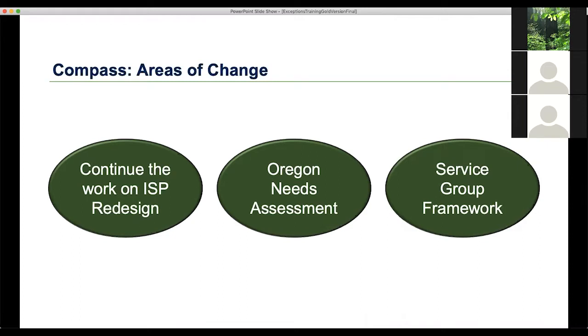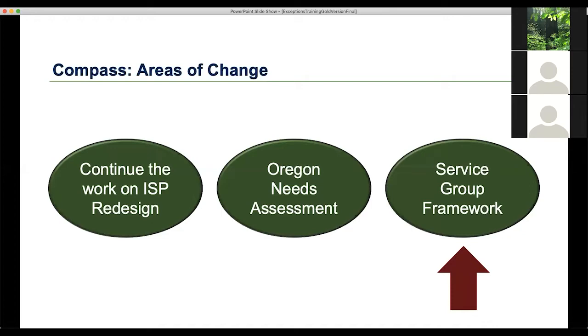Previously, if I was in foster care, I had one type of assessment. If I was in 24-hour, I had another. If I was in home, I had another. Again, this is combining and streamlining and making this a more simplified process. And then we have our service group framework. That's really what we emphasize today with exceptions and payment: service group payment.